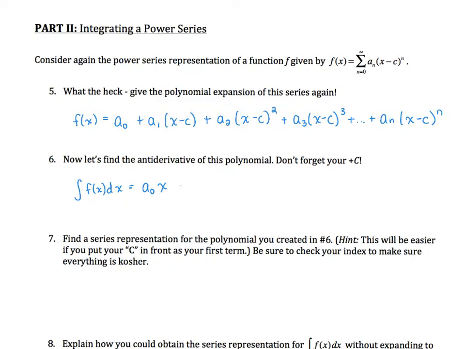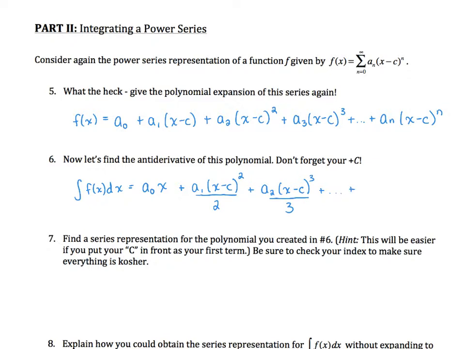So you're going to have a1 times (x minus c), but that gets bumped up a degree, and then over 2. a2 times (x minus c) now cubed over 3. And you get the idea.